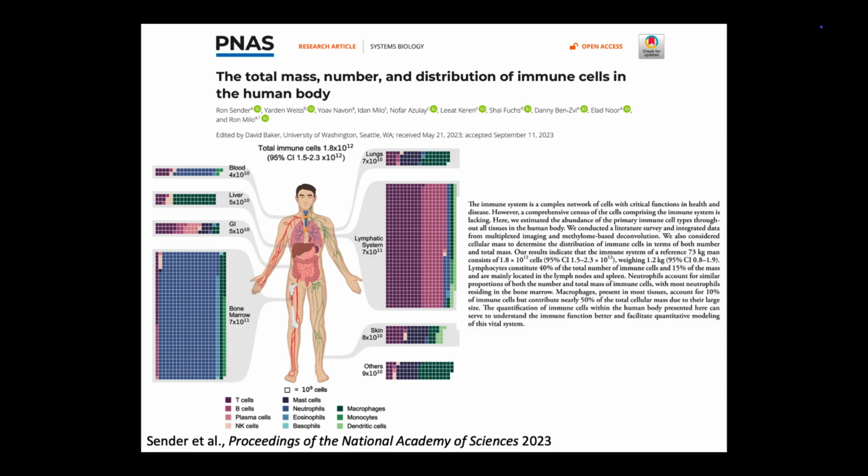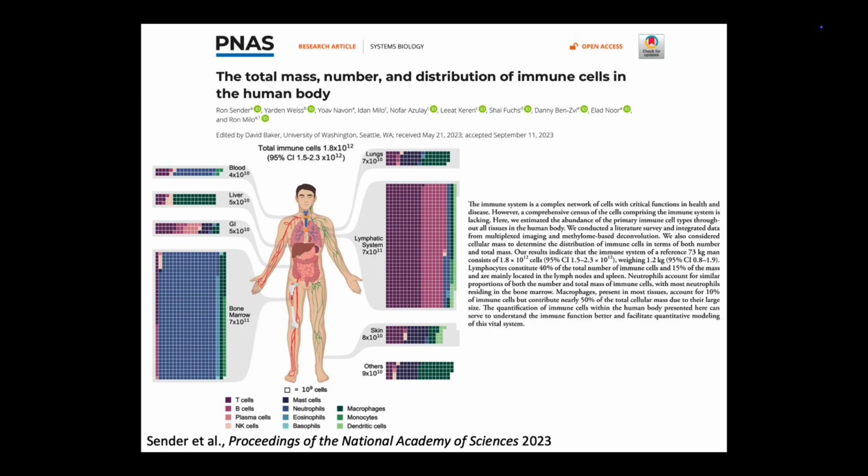The blood is shown up here, and the blood is actually not necessarily the majority of the immune cells. So in the past 10 years maybe, we've realized, oh yeah, blood isn't always the best answer. But so much of the field has been done based on the blood.